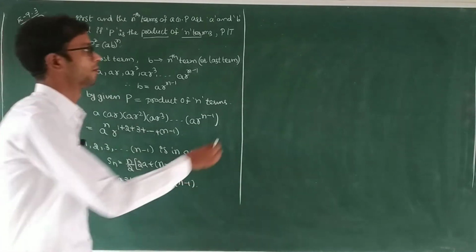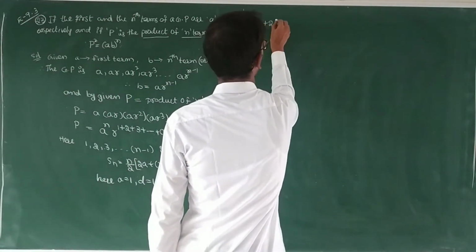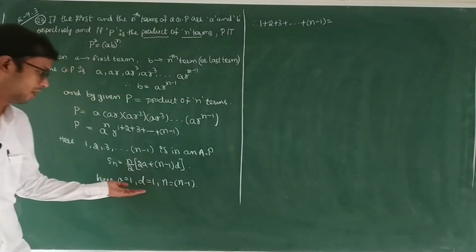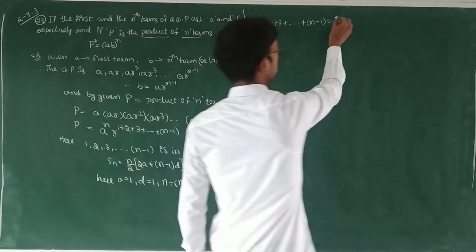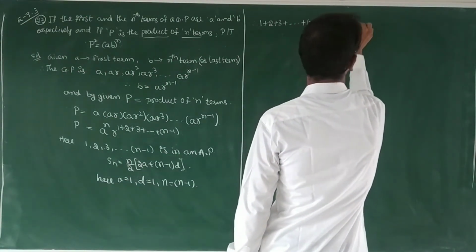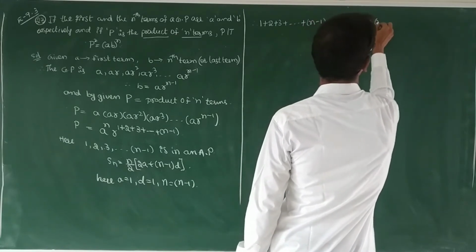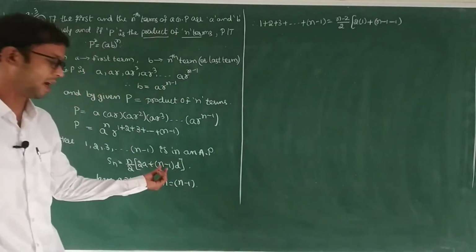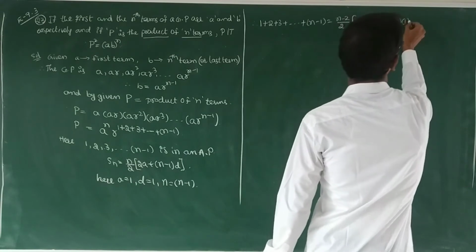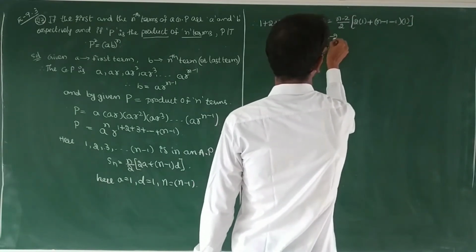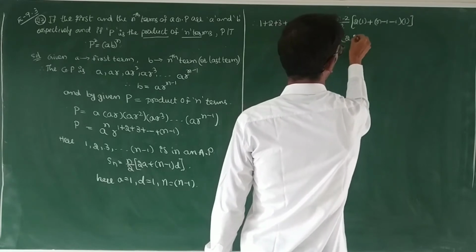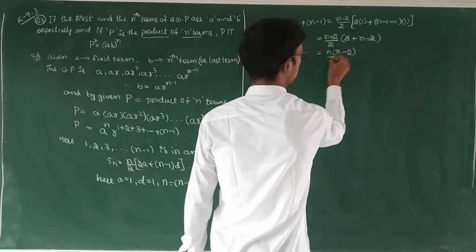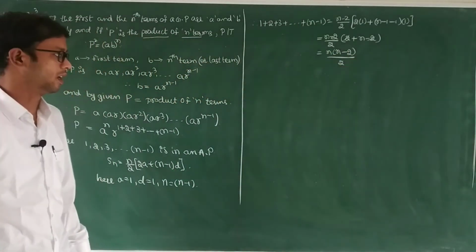Just substitute here. Therefore, 1 plus 2 plus 3 plus up to n minus 1 is equal to, in this formula, (n minus 1) divided by 2 into (2a, a is 1, plus (n minus 1), n is n minus 1, minus 1) into d, that is 1 here. So (n minus 1) by 2 into (2 plus n minus 2), 2 gets cancelled, n into (n minus 1) by 2.